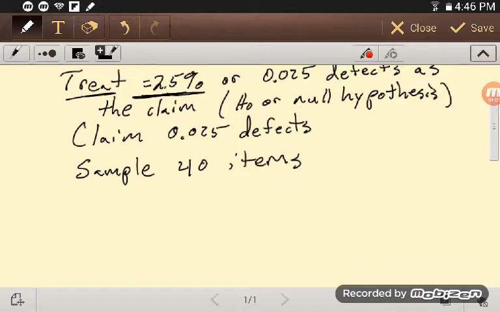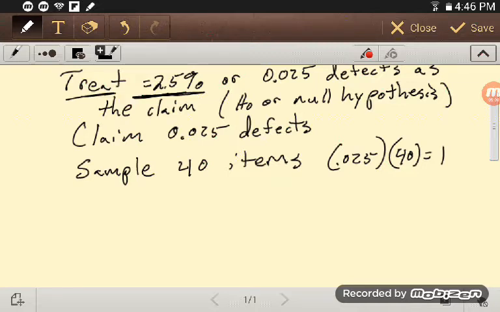Part of the reason I chose 40 is that if I take 0.025 times 40, I get 1. So this would say on the whole, if I really think there are no more than 2.5% defects, I would hope that in a usual batch of 40, I would tend to see 1 defective item or 0 defective items or something like that.